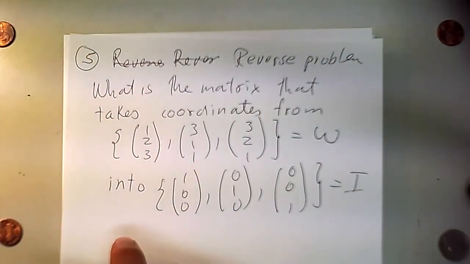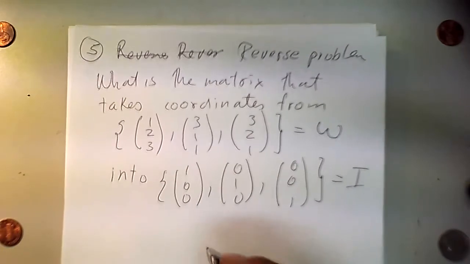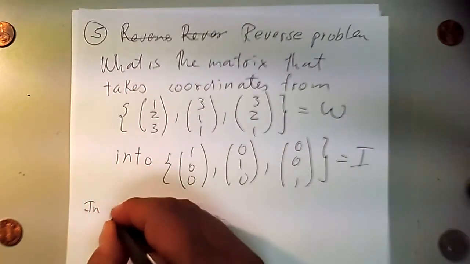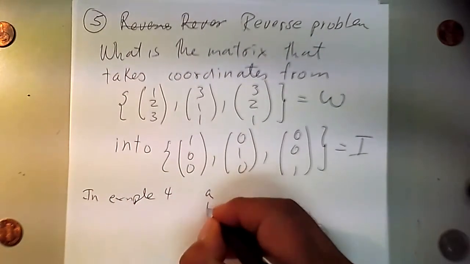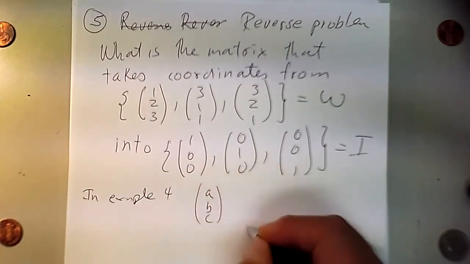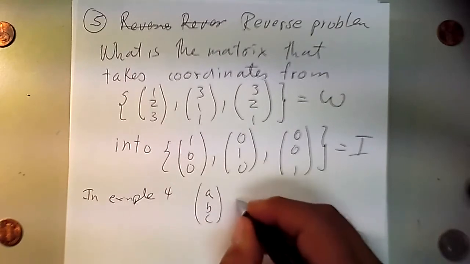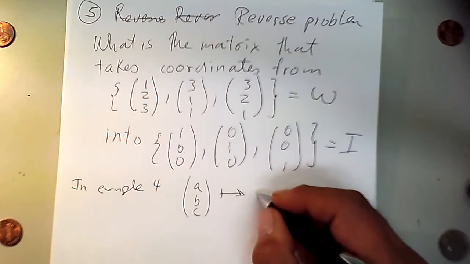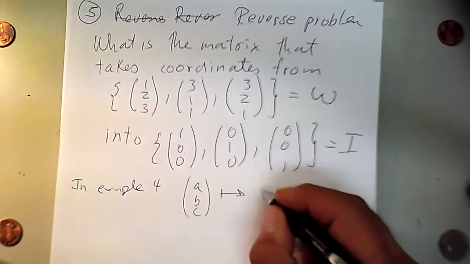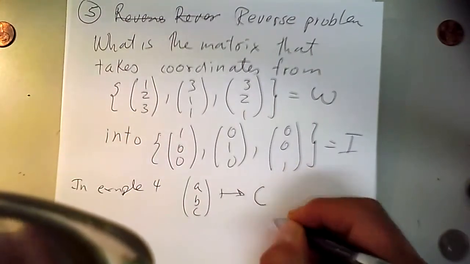What we did in example 4, we took A, B, C, and then we multiplied with a matrix. I'm going to call it C for now because that is a change of basis.